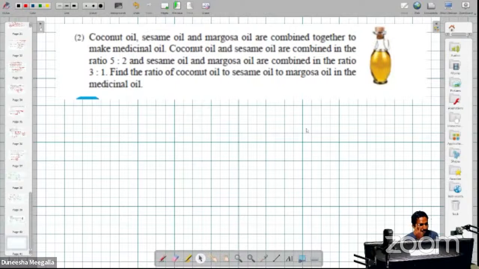Can you calculate? What are the 3 ingredients of this ratio? What are the oils? There are 3 oils. Can you do it?